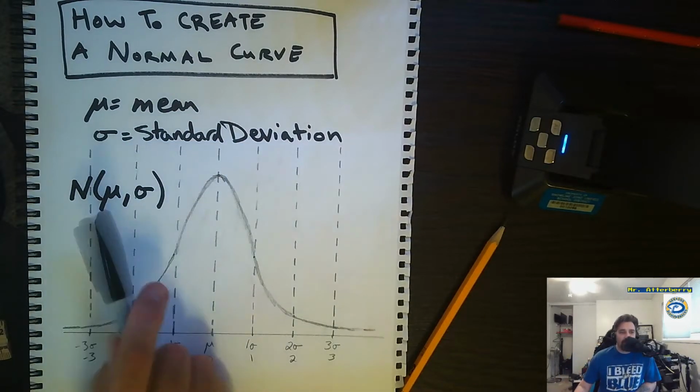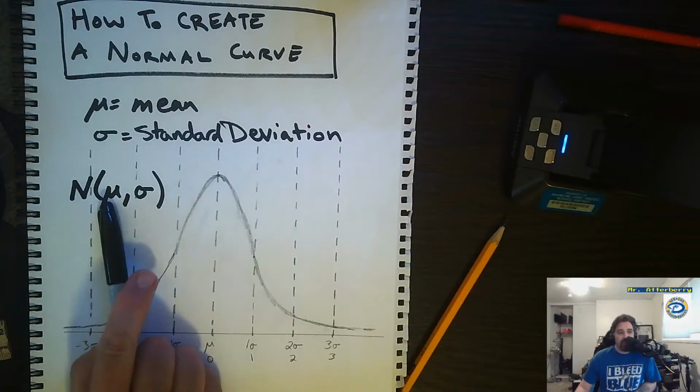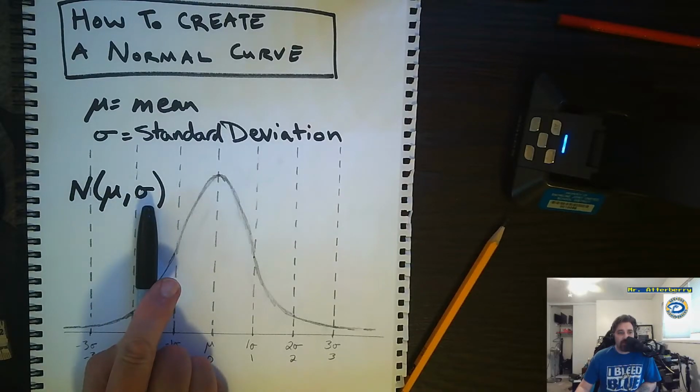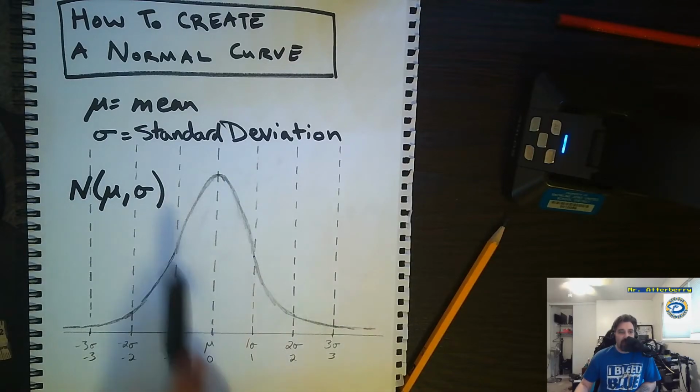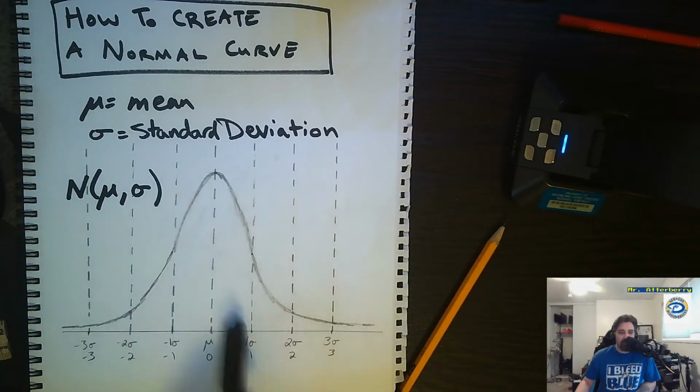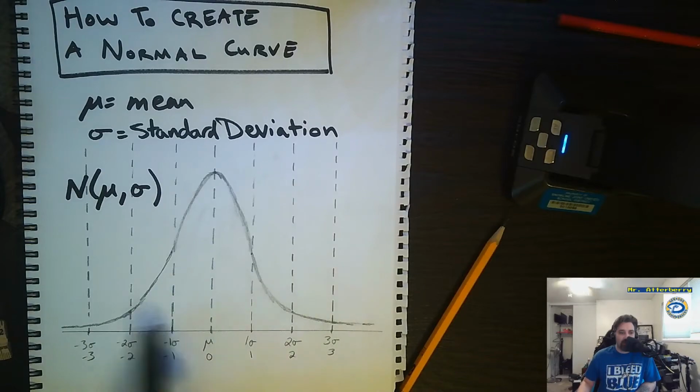You always use capital N, but then this is your average and this is your standard deviation. So if you had numbers there, this number would go here, and then you would add this standard deviation to each side, or subtract it to go to the left side.